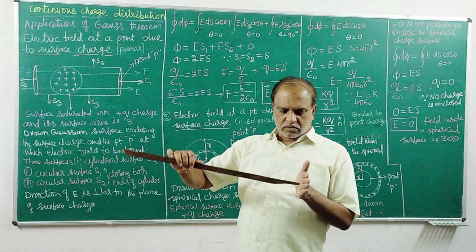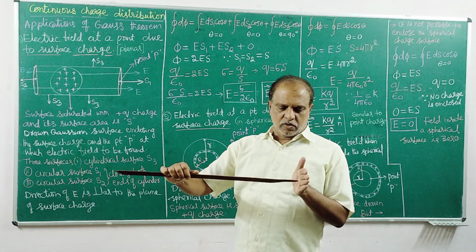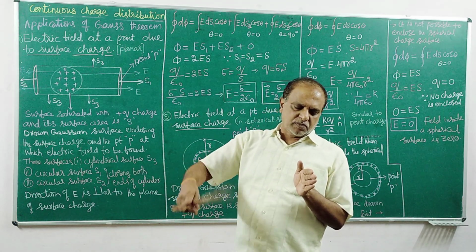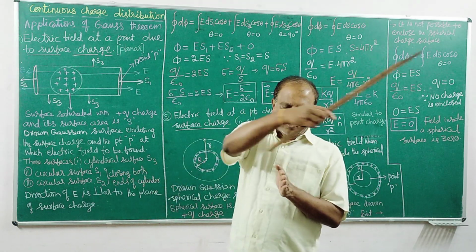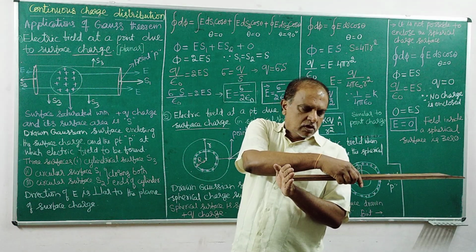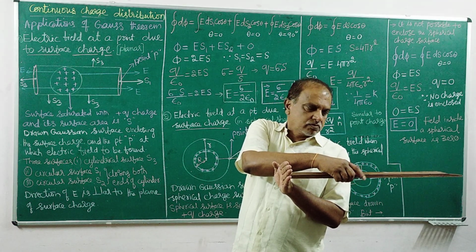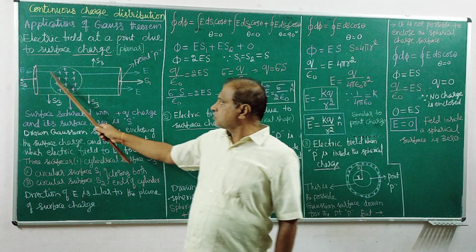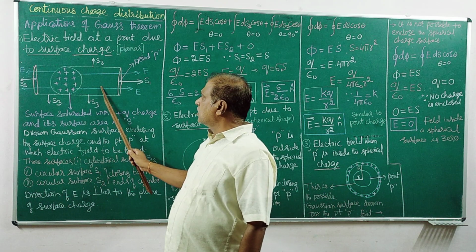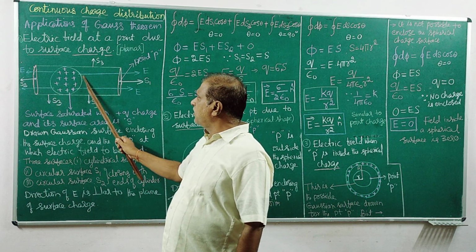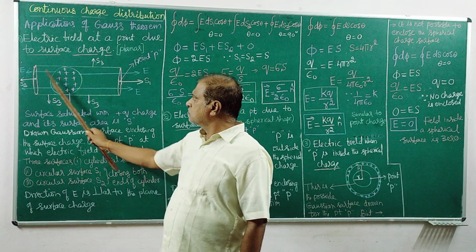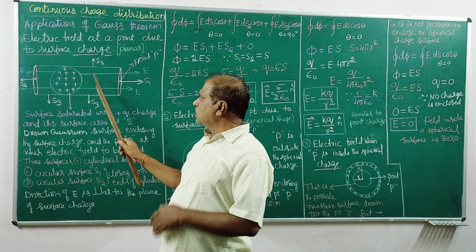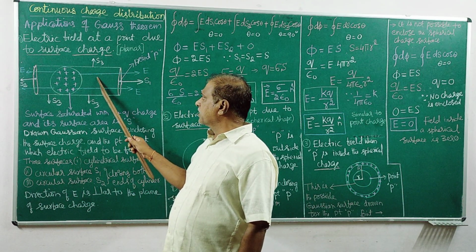Here, the perpendicular direction, you have both sides possible. This is one side and also the back side like this. Away from the surface. That is the direction like this. These lines are perpendicular to the plane and away from the surface. So this is the only possible direction of electric field.